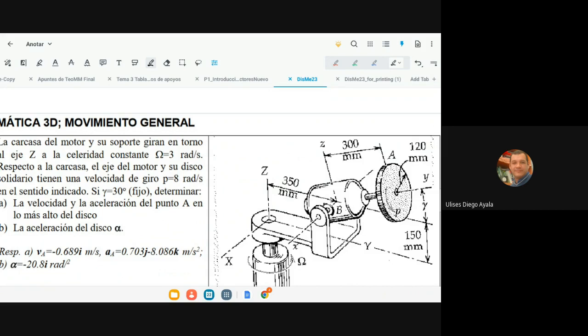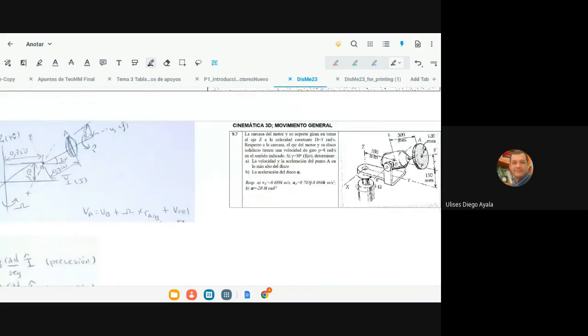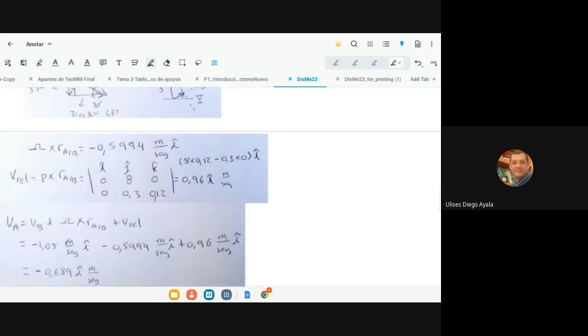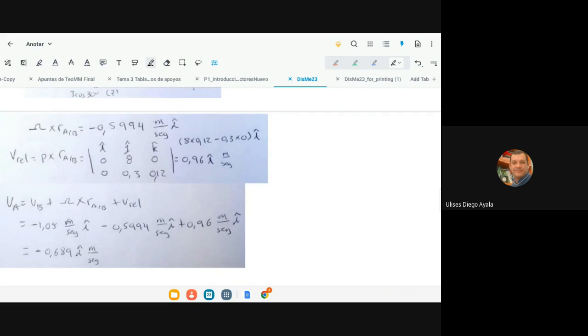So we did one first from here to here, and the other one from here to here. In this case, we use the omega, capital letter, and the other one, we use the P. So it's vectorial, you are adding the rotations. You are adding the effects. VA, B, velocity in B, plus.